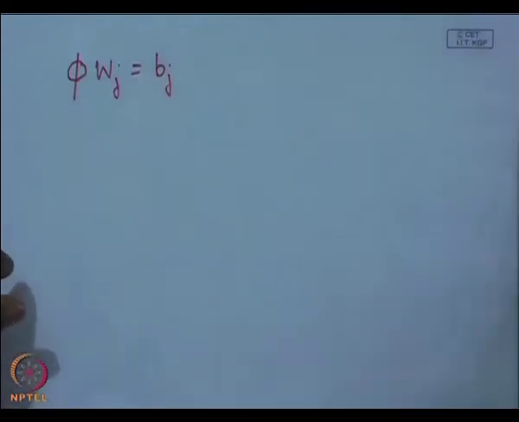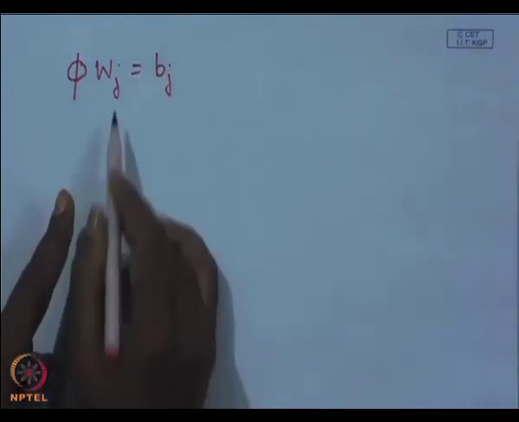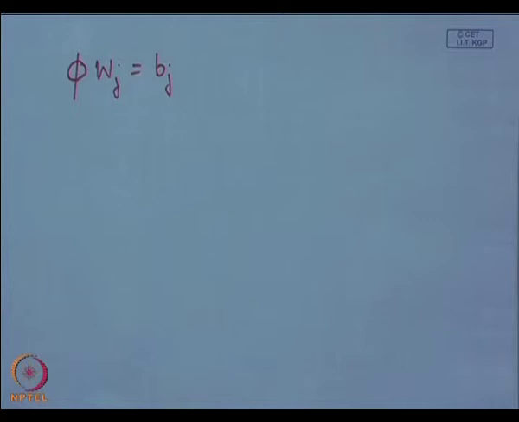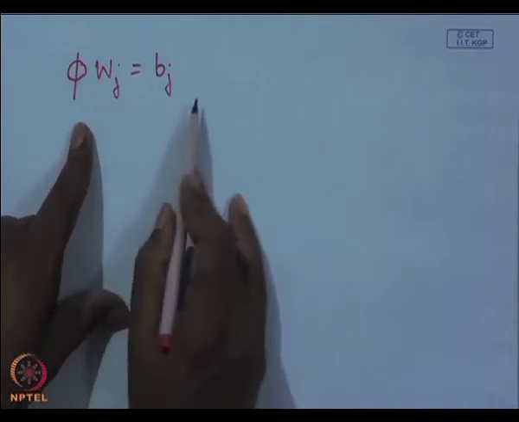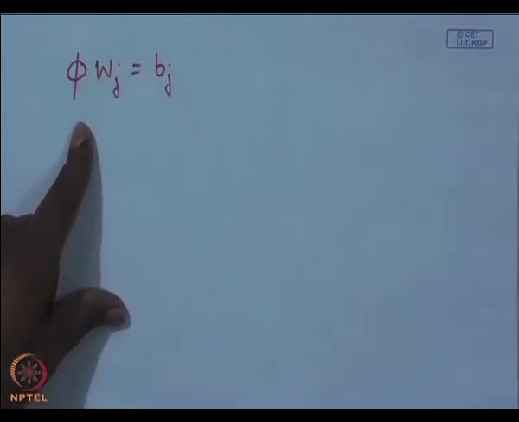Okay. So, if the network is properly trained, that is all the w i j have got the trained value, then this equation should be satisfied.